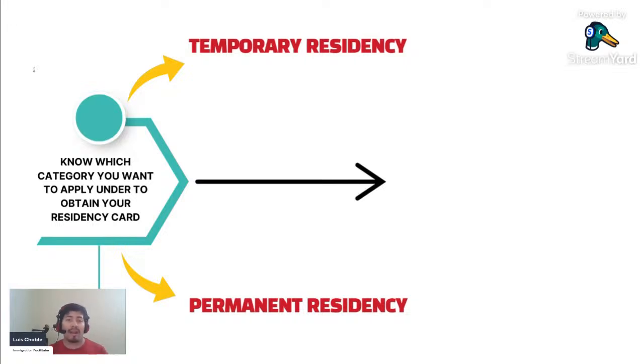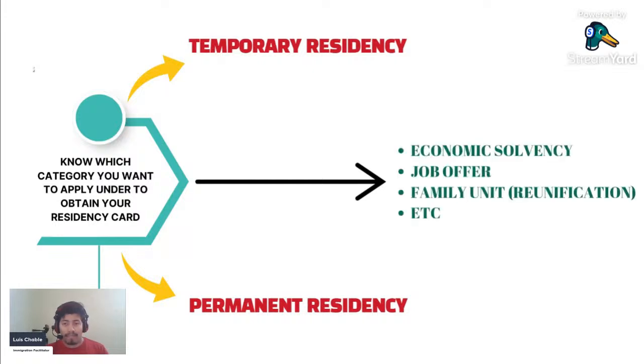You need to know that from my last YouTube live, okay? And after, that is the more general point. Those are the categories you apply for: economic solvency, job offer, family unit, or others. Yes, this is your first responsibility.